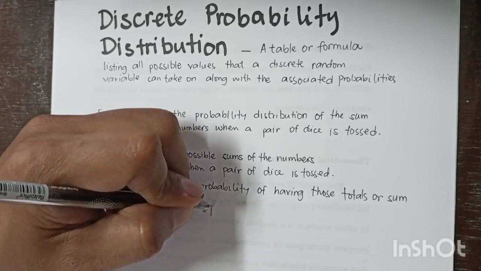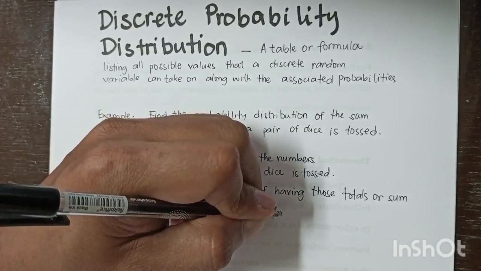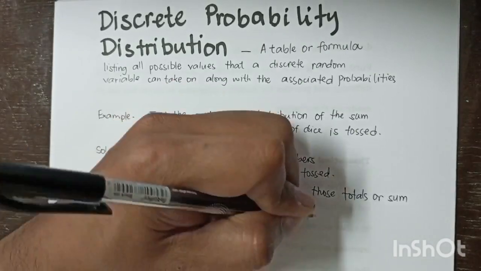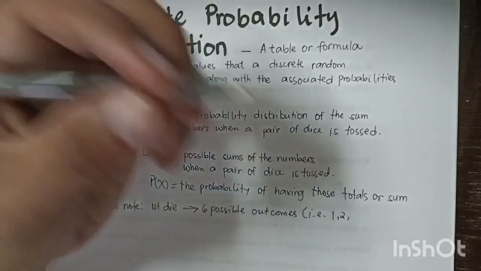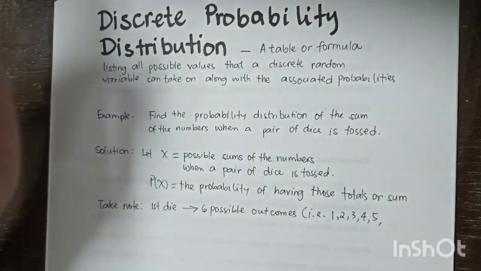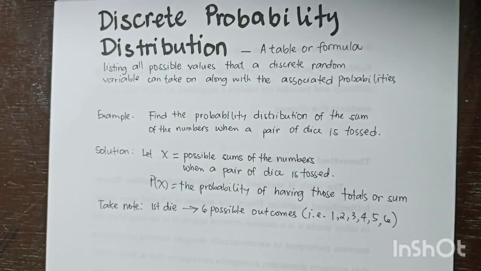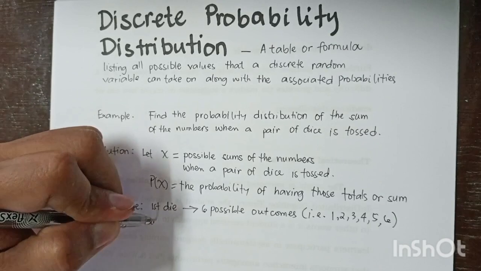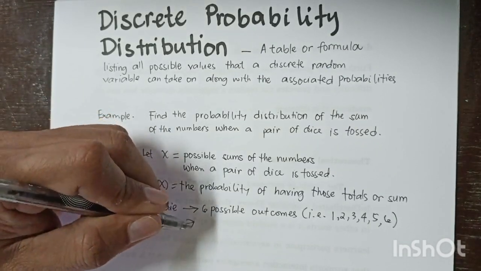So for the first die, as I have said earlier, there are 6 possible outcomes. That is 1, 2, 3, 4, 5, and 6. The same goes for the second die.